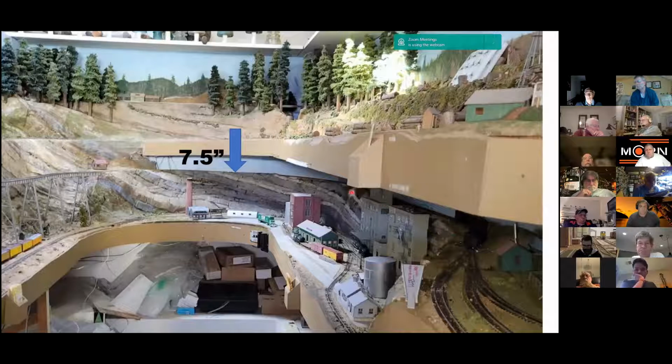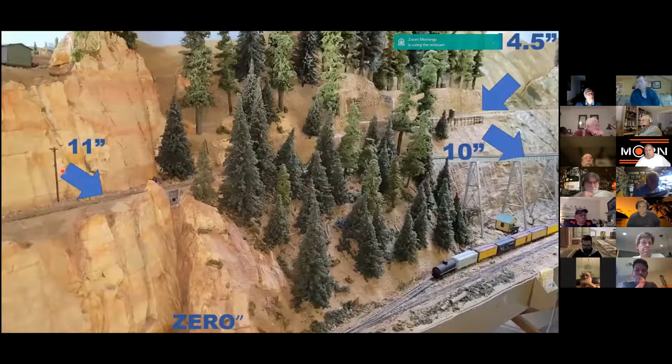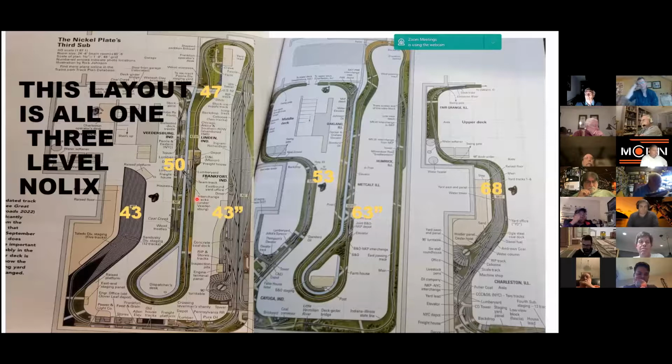It starts to level off a little bit here at 7.5 because I didn't want to have a compound curve here, both vertical and horizontal at the same time. And then you come across the steel bridge, and when you get over to this side, you're 10 inches up. Again, down here is 0. And you're already at 11. You get here, and you go on around the corner, which I didn't put in because I didn't feel we needed to take up more time.